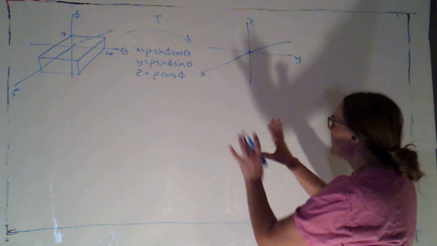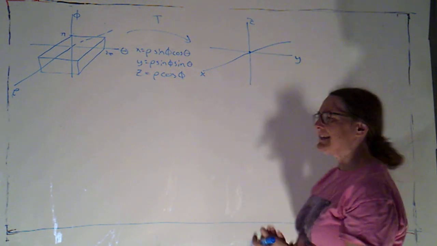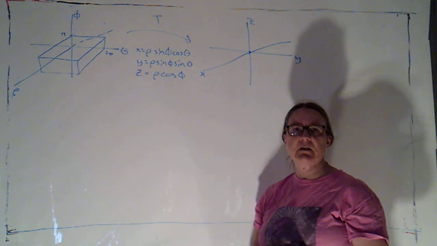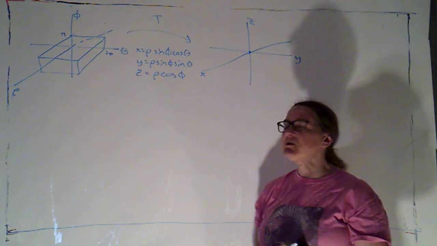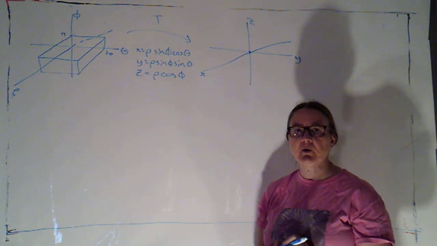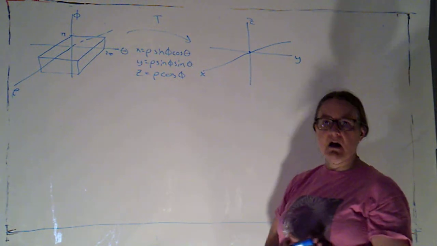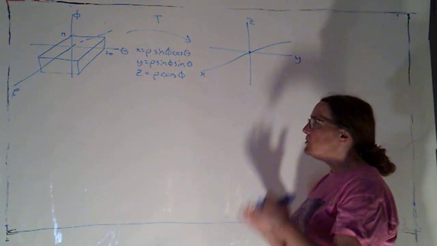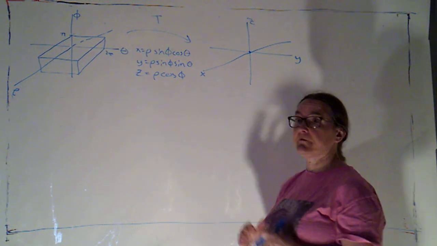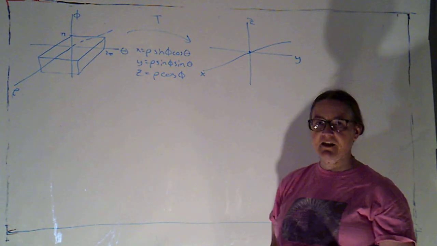So it's not quite one-to-one because points on the z-axis do not have unique names in spherical coordinates. I'm just going to tell you that that's an ignorable problem. This is close enough to one-to-one that using the Jacobian to keep track of our scaling factor does work.